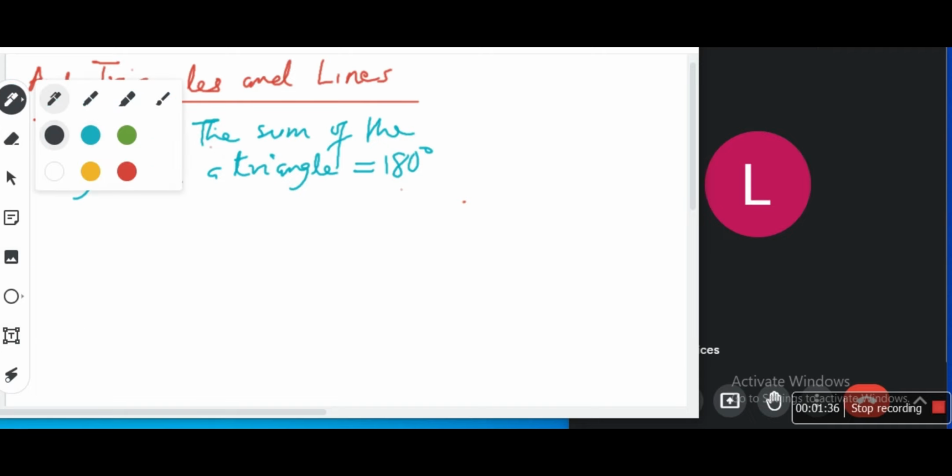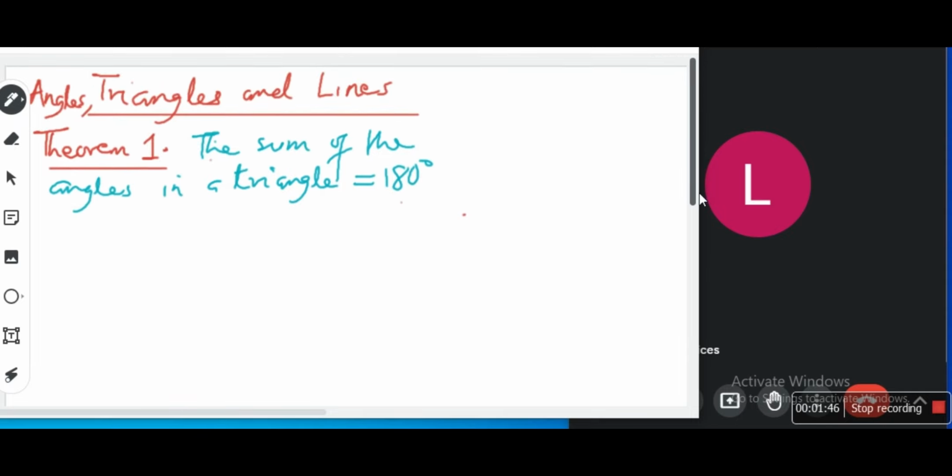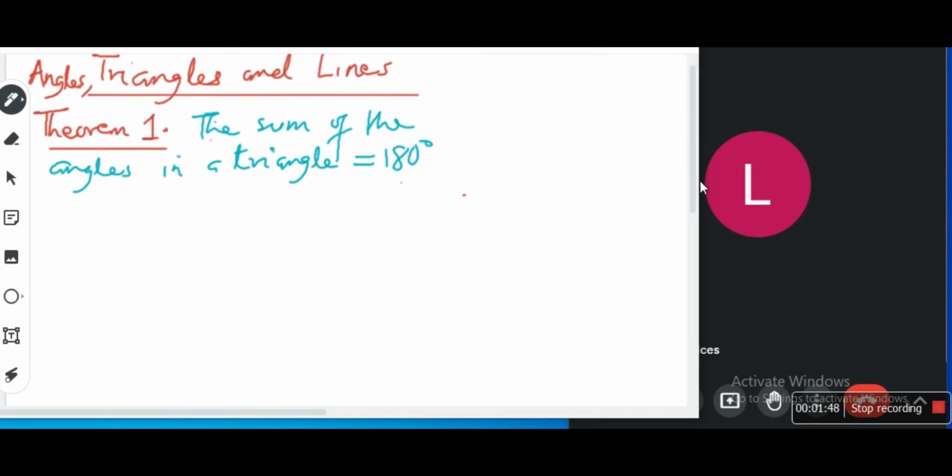If we have a triangle like this, I think I can bring up a triangle from, where is the shape? Okay, these are shapes.